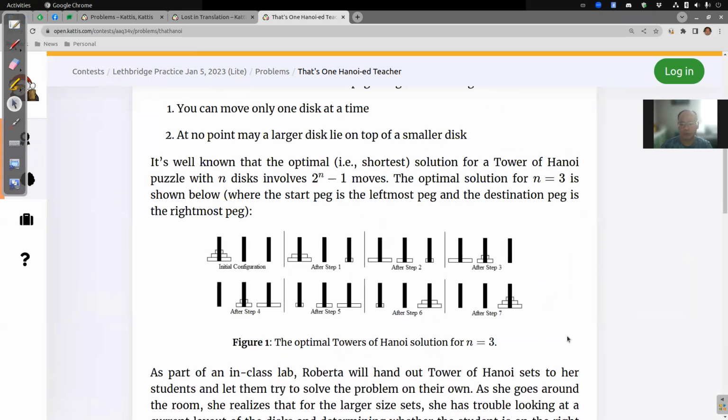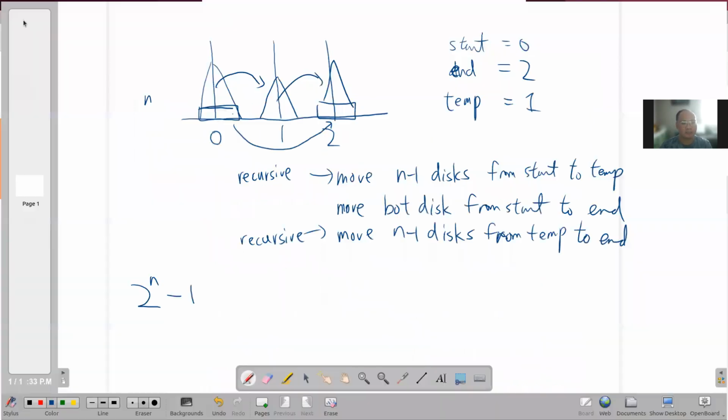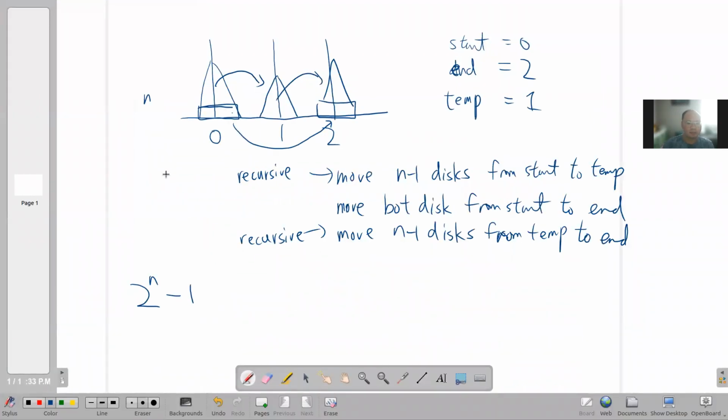Yeah, 2^n minus 1. And the idea is that this is going to take 2^(n-1) minus 1 steps. This is, of course, going to take 1 step. This is going to take this much. And then when you add it all together, you will get this. All right.